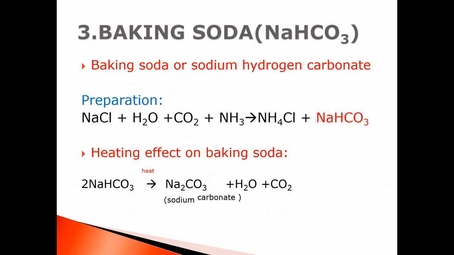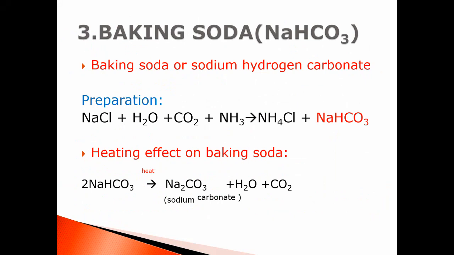Next, in this slide we will see preparation of baking soda, that is sodium hydrogen carbonate or sodium bicarbonate, and heating effect on it. Sodium chloride, when it reacts with ammonia in presence of water and carbon dioxide, we get sodium bicarbonate or sodium hydrogen carbonate and ammonium chloride.